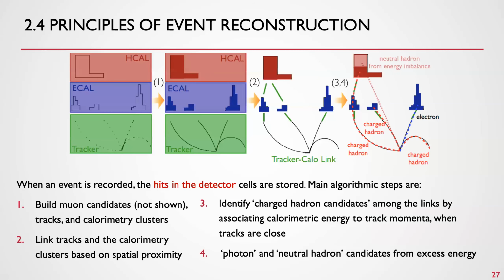Let's look at event reconstruction now. Principles of event reconstruction: once the showering particles have hit the detector cells, they produce ionization or scintillation or other signals that are recorded. The detector is read out, and one obtains a signal for each detection cell.